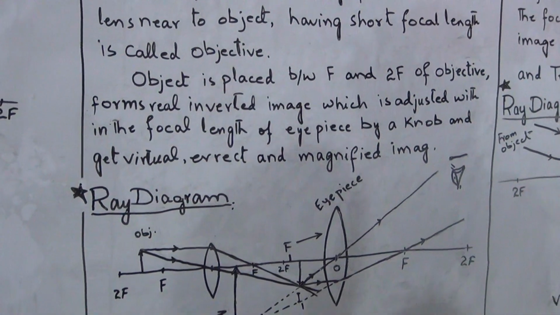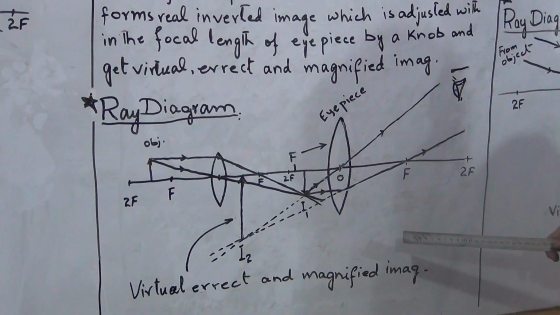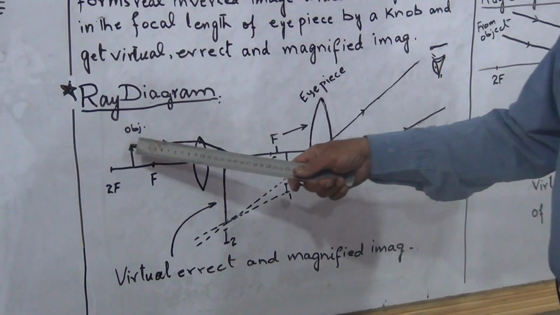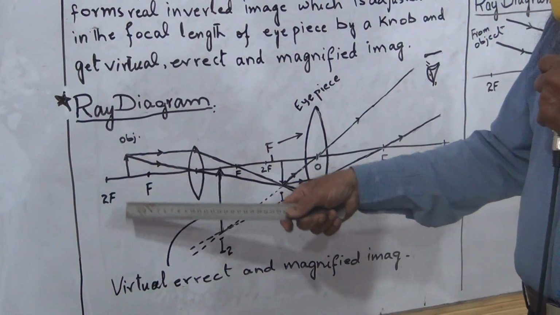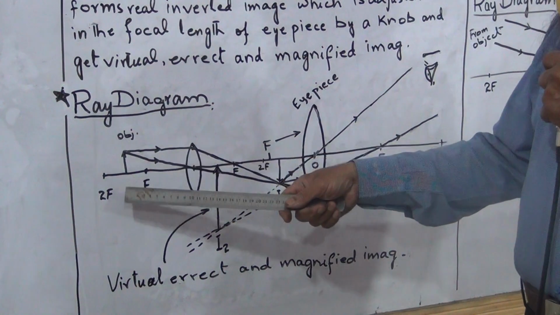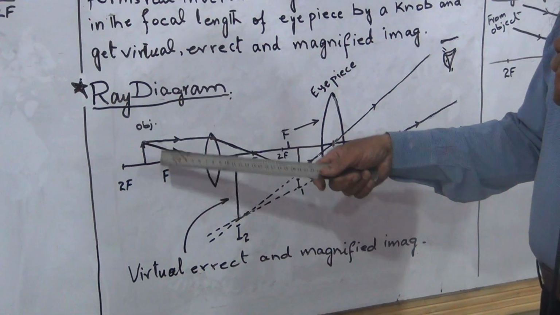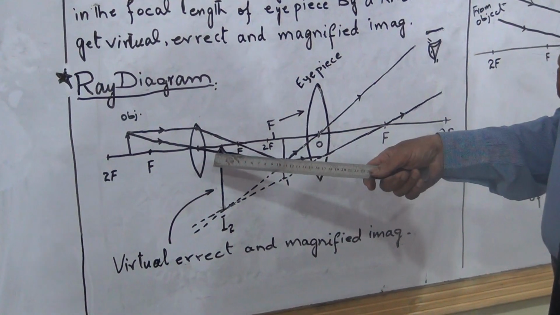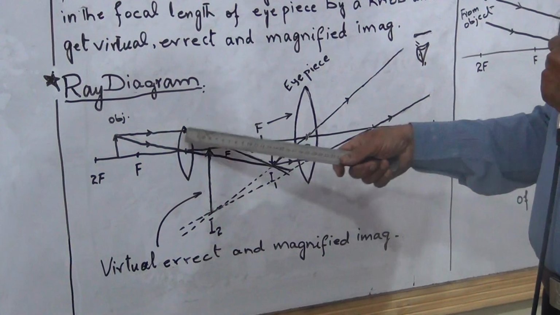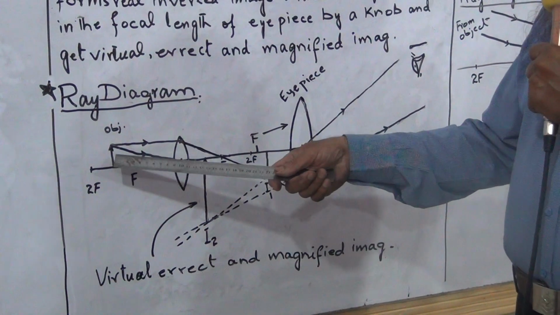Look at the diagram. This is the ray diagram of the compound microscope. So this is the object on the slide which is under observation. You will place the object on the slide and put it on the table of the microscope. This is the objective lens.